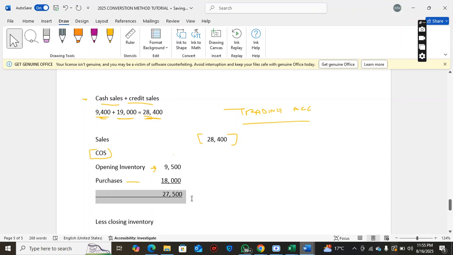Whenever you add purchases to opening inventory, it gives you total cost of goods available for sale. There are two adjustments that usually are made with purchases. What are those adjustments?